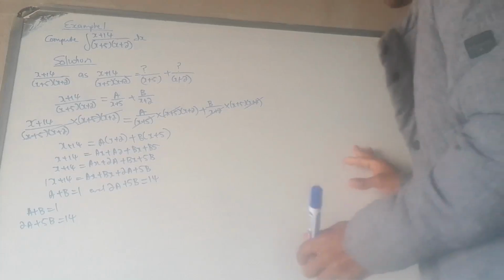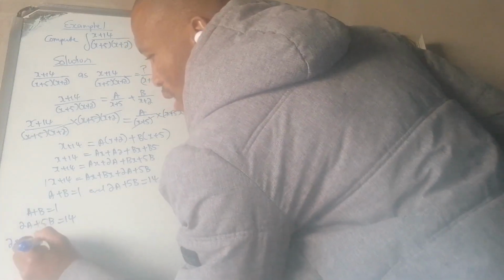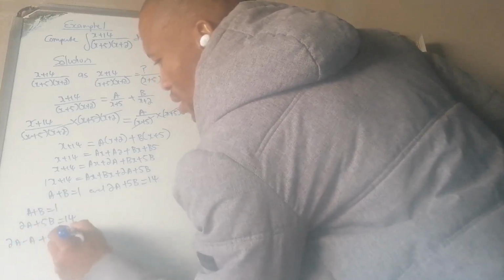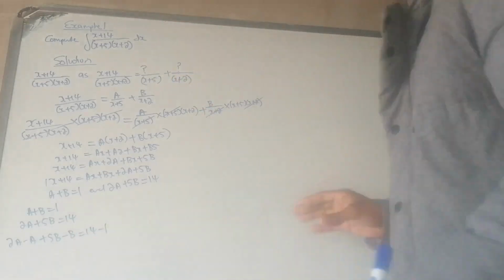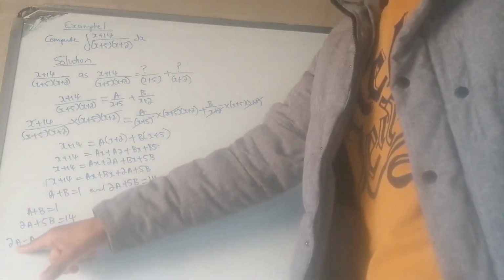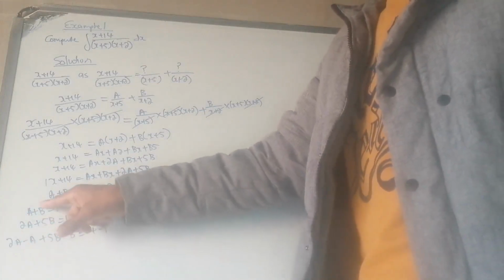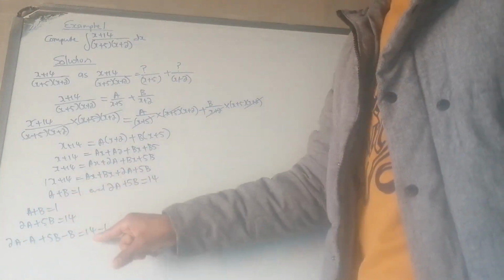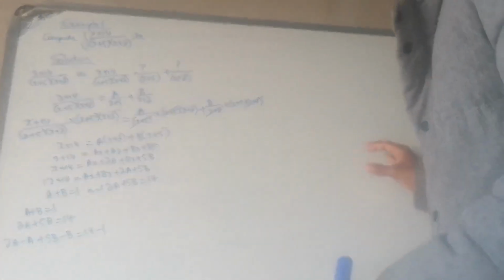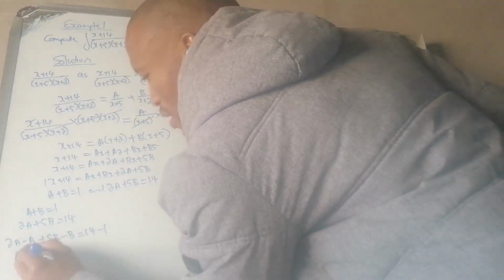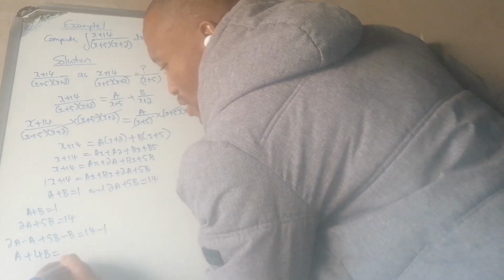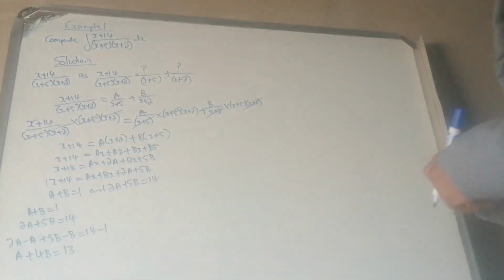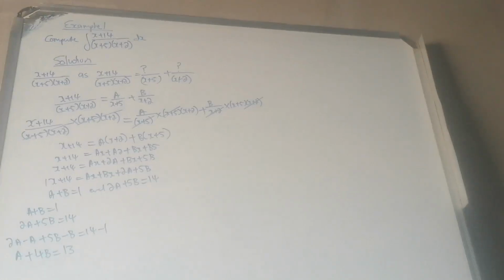Yes, I can use a method of elimination. I can say 2A minus A plus 5B minus B equals 14 minus 1. This minus this, there it is. 2A minus A is A. 5B minus B is 4B. 14 minus 1 is 13. I can do this. Okay?